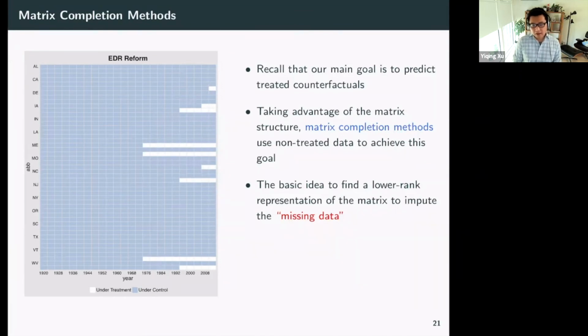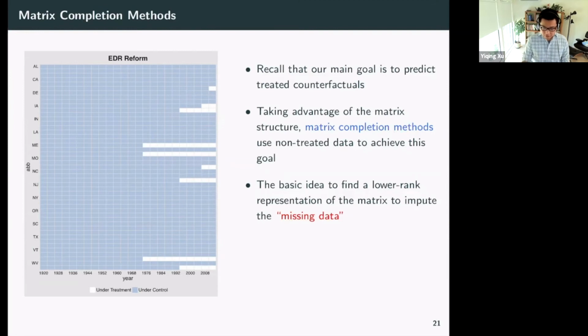You don't have feedback, and the past treatment history does not affect your potential outcomes. These are assumptions required for these types of methods. If your current potential outcome, the potential outcome at time IT, is dependent on the entire treatment history until now, then the problem will be much more complex.